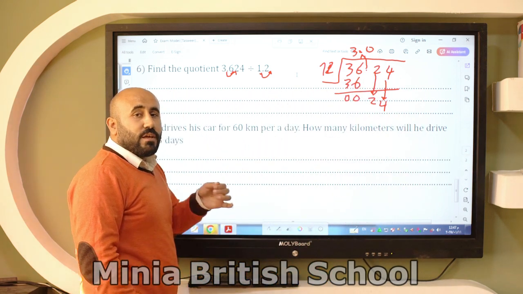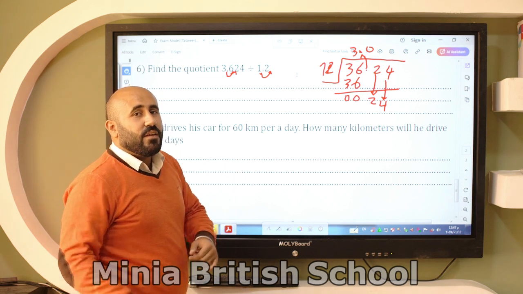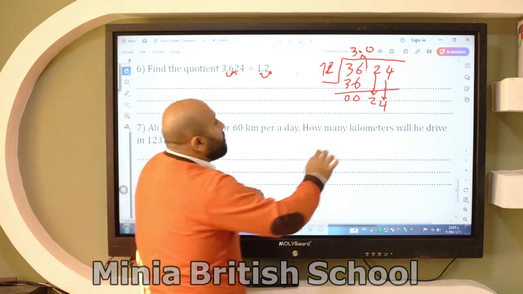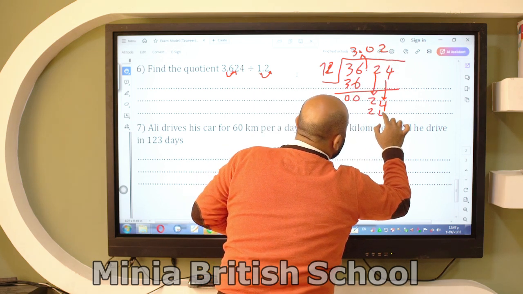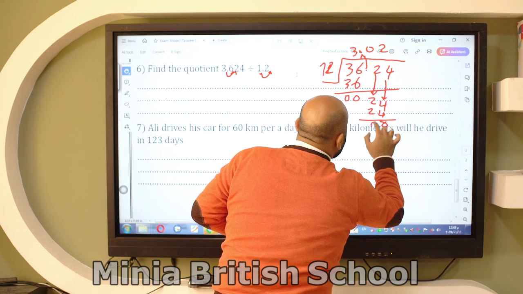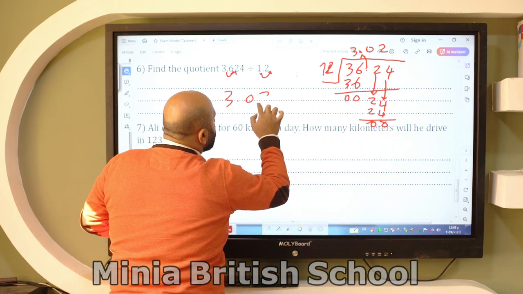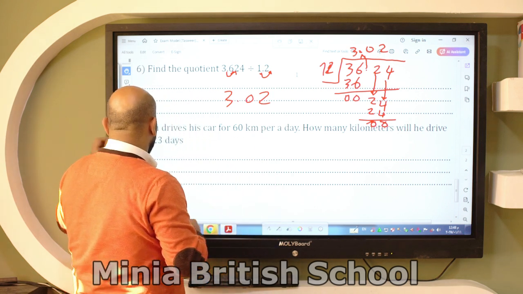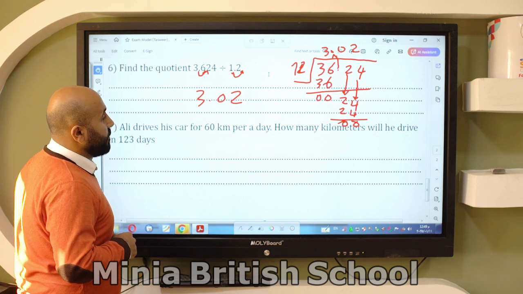What is the number times 12 which gives me 24 or less than it? And I think that you got it. It will be 2. 2 times 12 equals 24. So the final quotient will be 3.02.